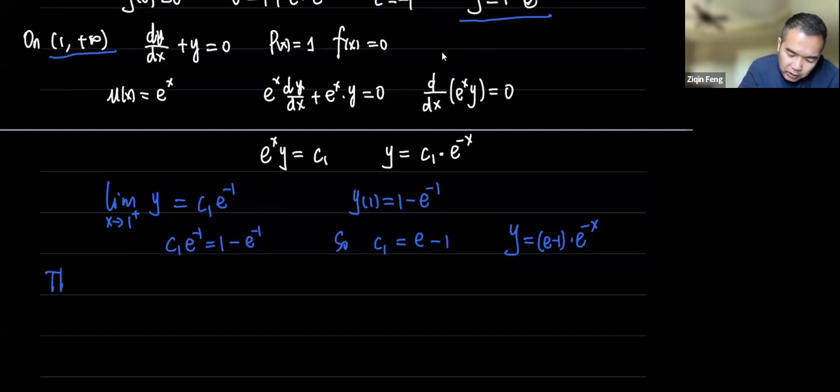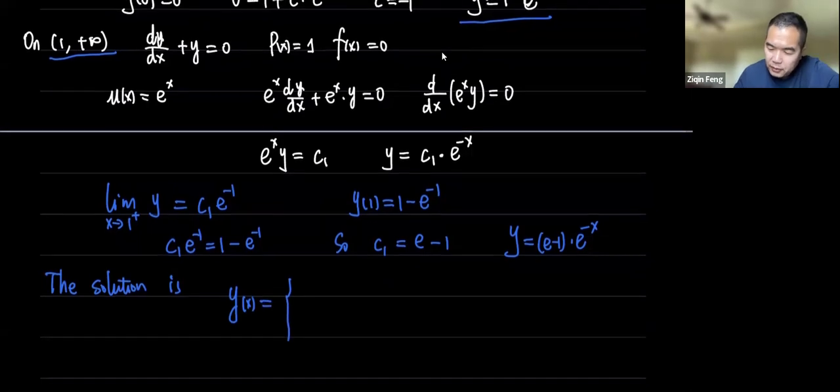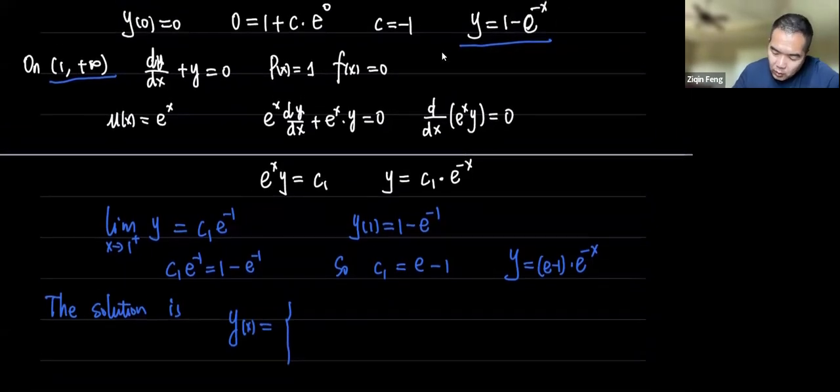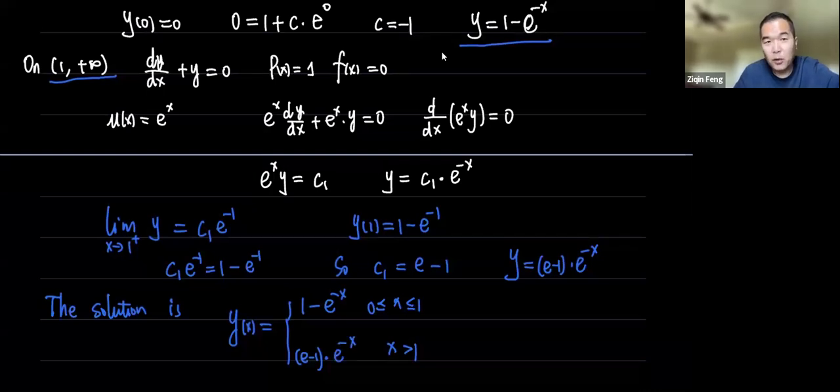So the solution is y of x equal to two pieces. From 0 to 1, you get 1 minus e to negative x. When x is greater than 1, this is e minus 1 times e to negative x.